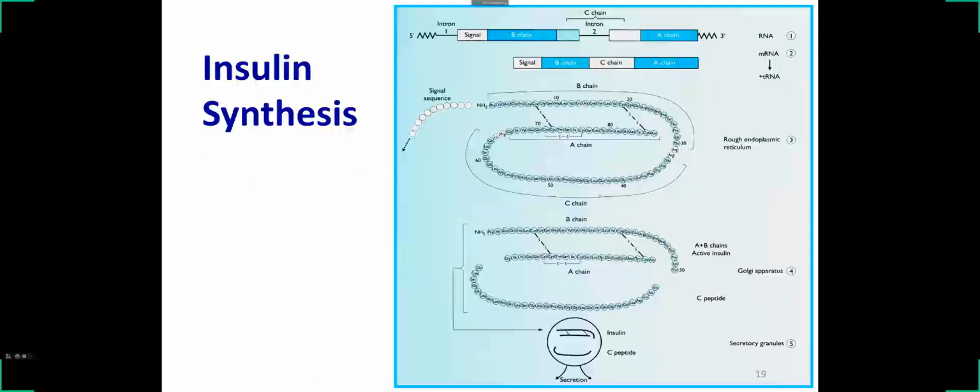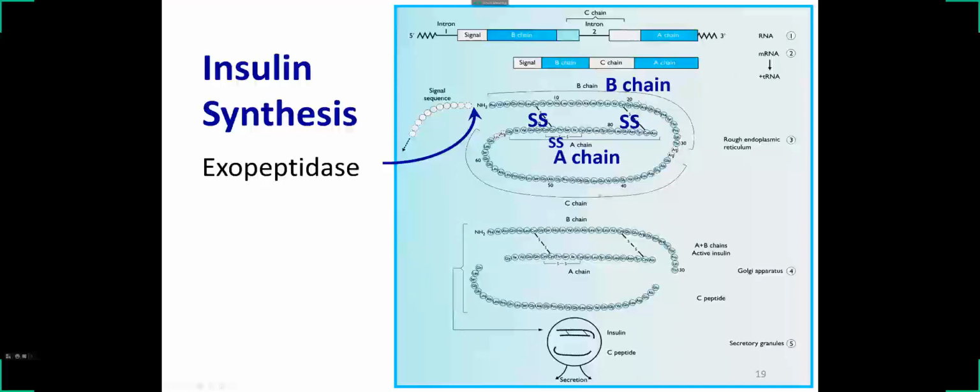Sorry, excuse me. So this is the specific part for insulin synthesis. This process is again made up of A, B, and C chains. Here's the B chain and the A chain, and then we've got these disulfides bridging the A and B chains, and this intra-disulfide of the A chain.